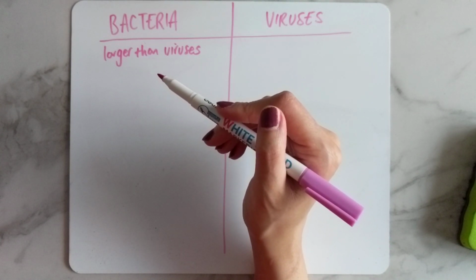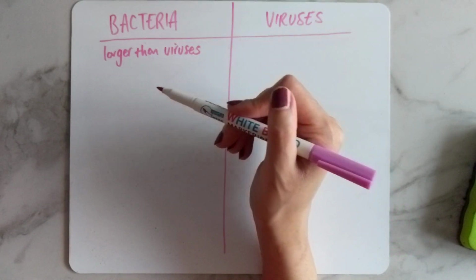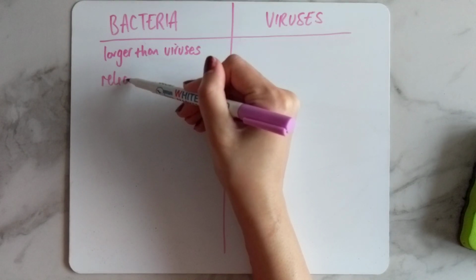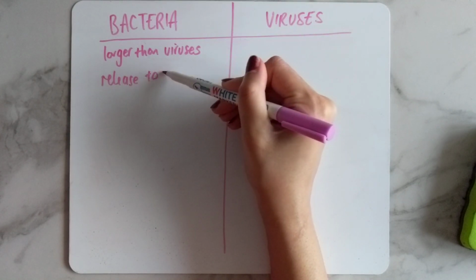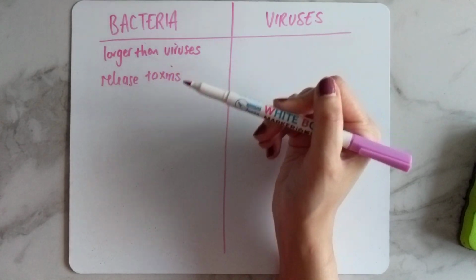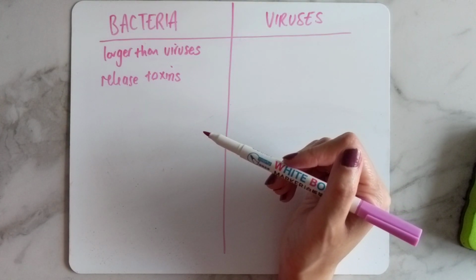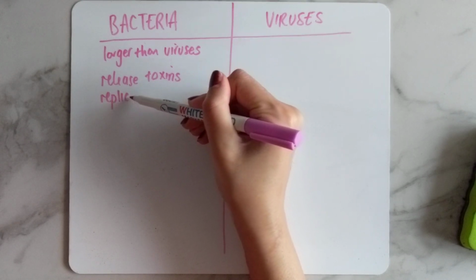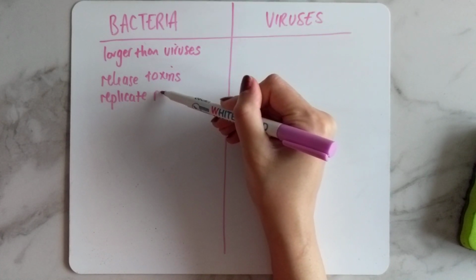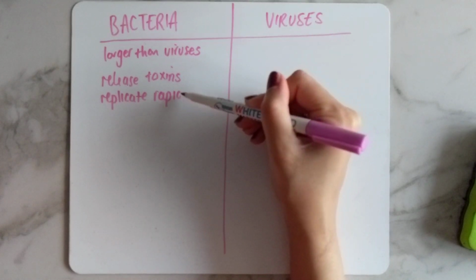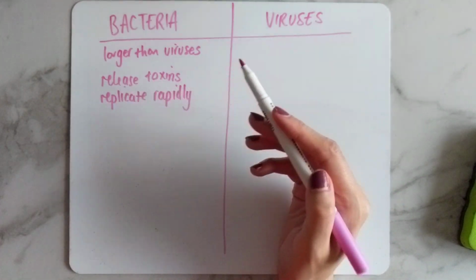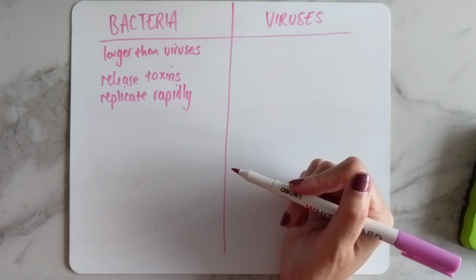So bacteria then, what they do is they get inside the body and they can release toxins. And it's these toxins that can make us feel ill. They also replicate rapidly. So bacteria reproducing or replicating rapidly means they can do more damage and make us feel ill.